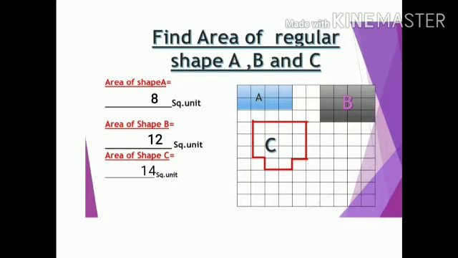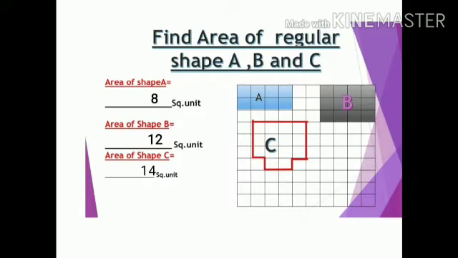Question is: find area of regular shapes A, B and C. You can see here three shapes in the grid. Shape A. Let's find the area of shape A. You can see there are 8 squares inside this rectangle. So the area of shape A will be 8 square units.